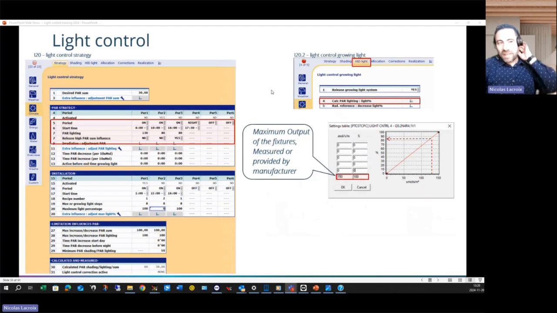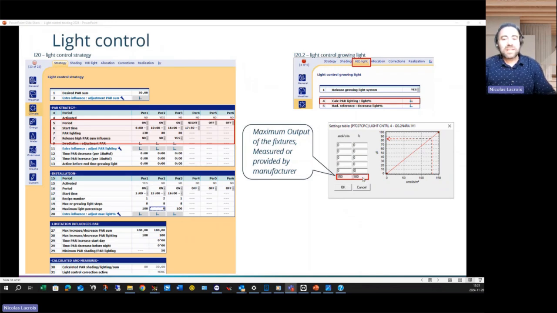Okay, so in page I20.2, there are two really important tables. Line 4, that table, is the maximum output of the fixture, measured or provided by the manufacturer. It's really important that you set the maximum output in micromole of your fixture there, because all the control will be based on that table. I set 150, which is my maximum output for my fixture at 100%.